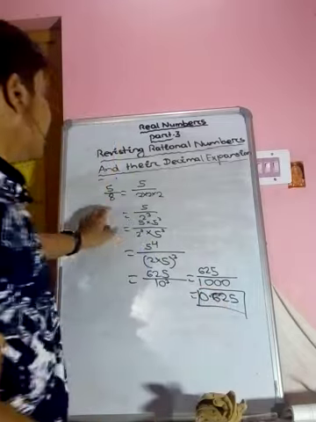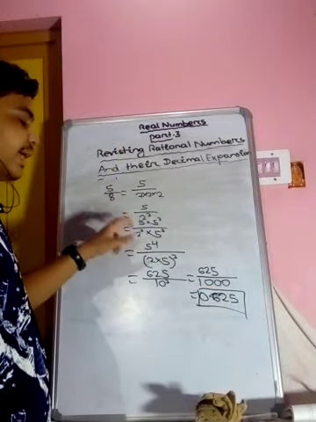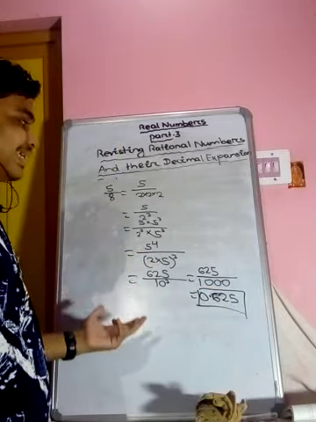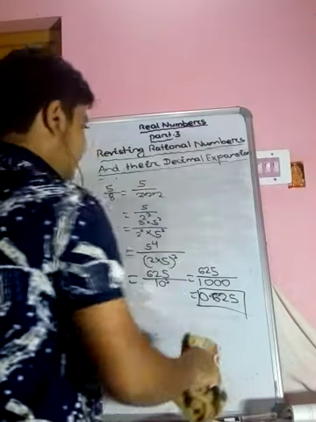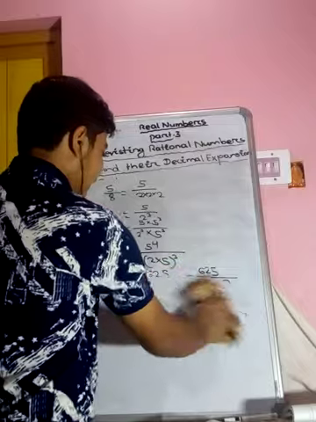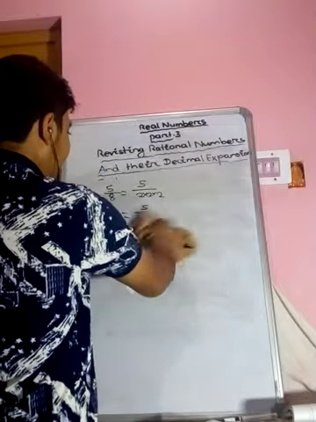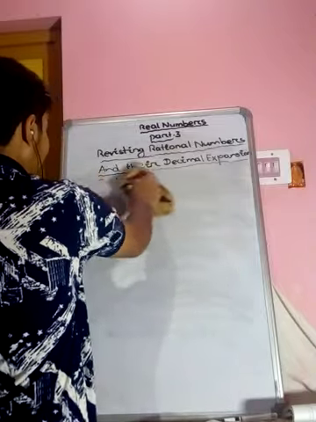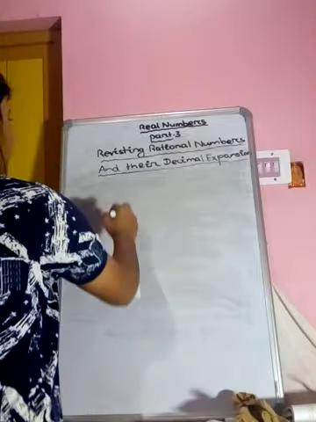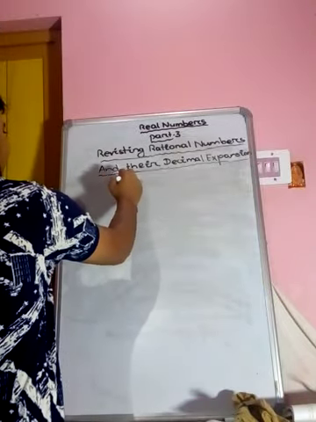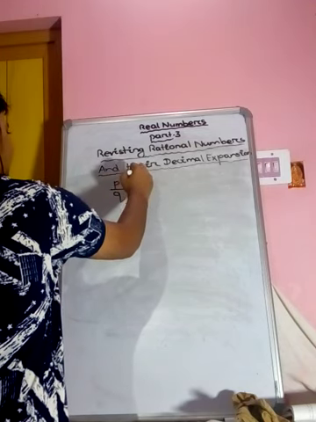So this is a method. By making the denominator a power of 10, we can easily find the decimal expansion of a rational number. And this step also leads us to another way to show whether a rational number is a terminating or non-terminating decimal. What is the method? p by q is rational.